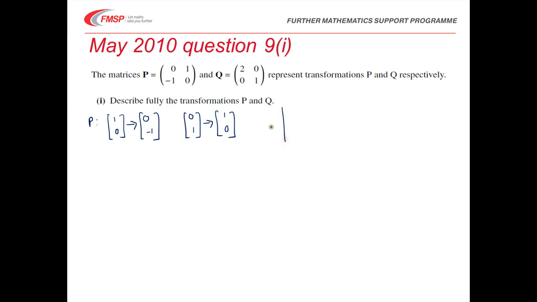So if we just do a little sketch of that, the point 1, 0 goes to 0, minus 1, and the point 0, 1 goes to 1, 0. So P is a rotation 90 degrees clockwise about the origin.